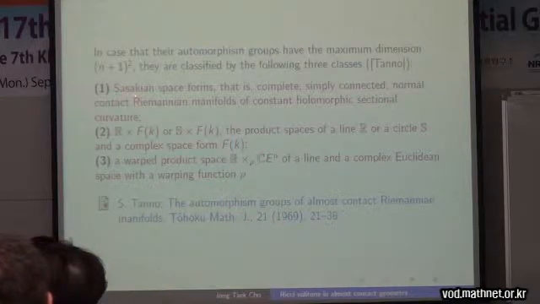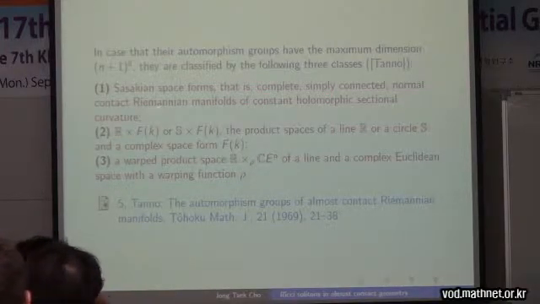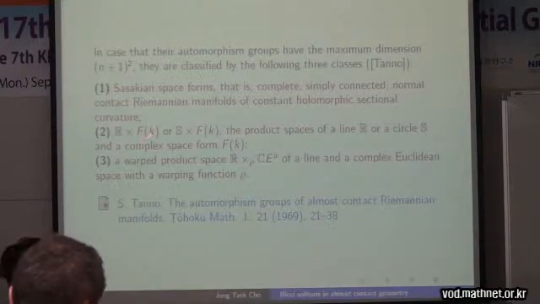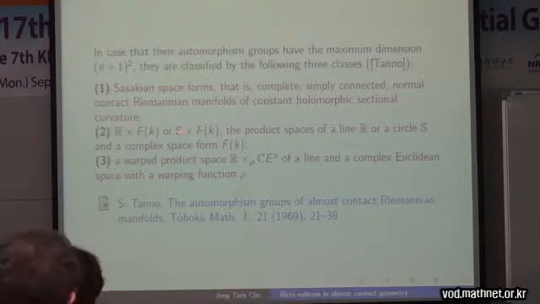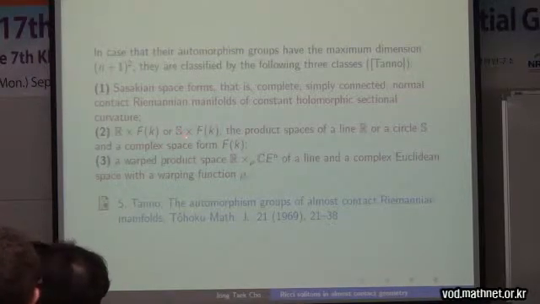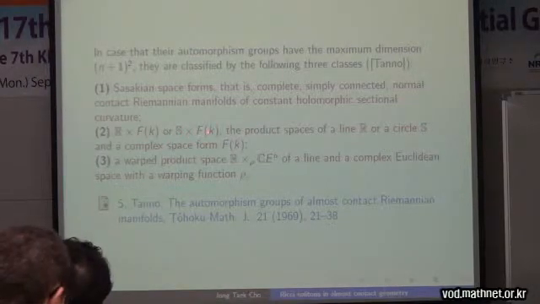One is the Sasakian space form, that is, complete simply connected normal contact Riemannian manifolds of constant holomorphic sectional curvature. The second one is the product space of the real line and the complex space form of holomorphic sectional curvature K, or the product of the circle and the complex space form.